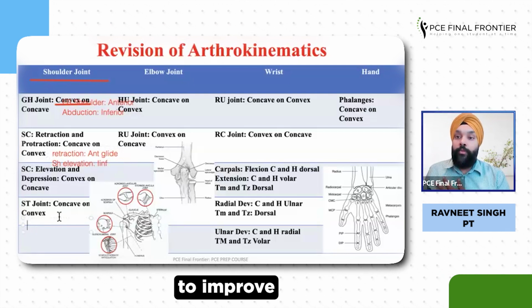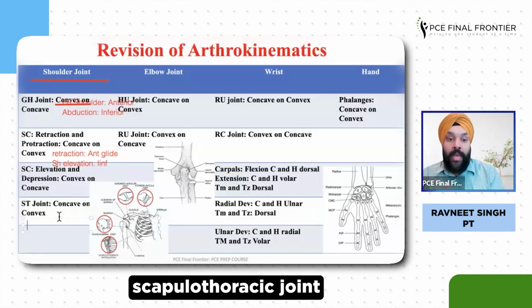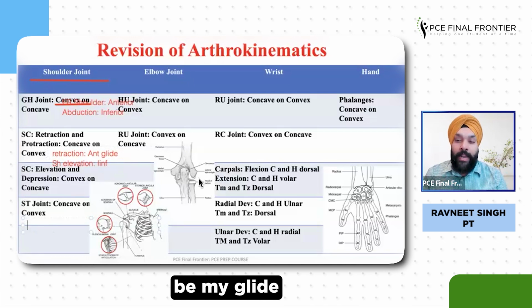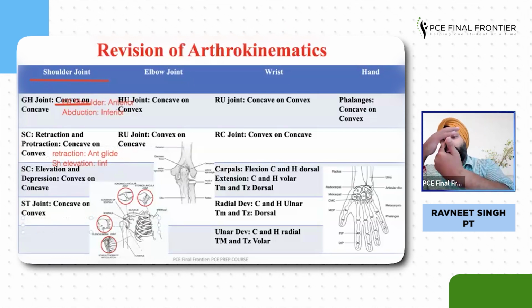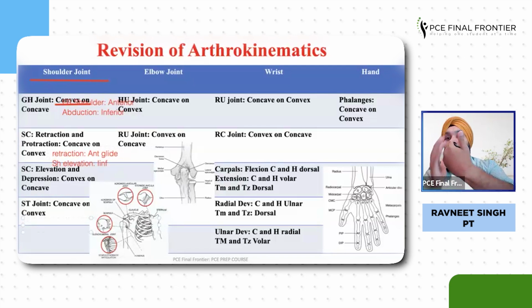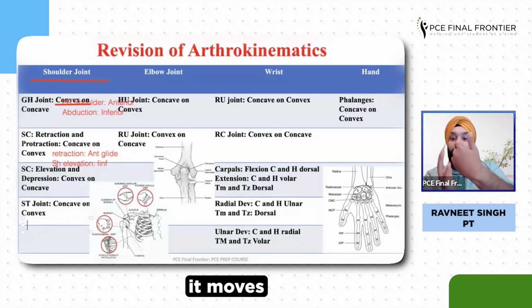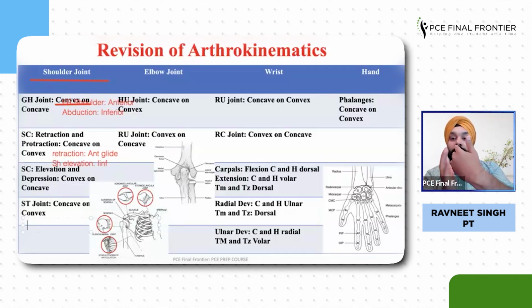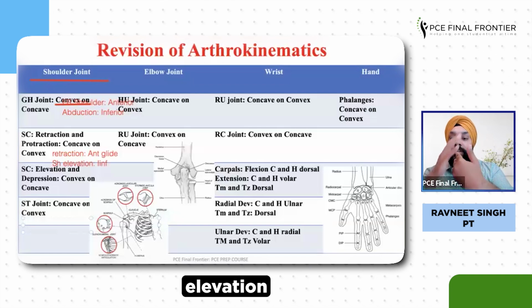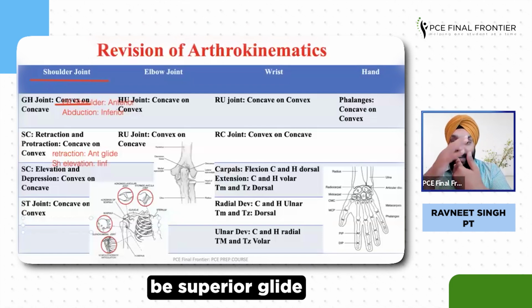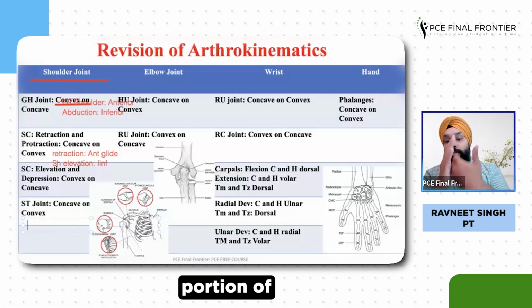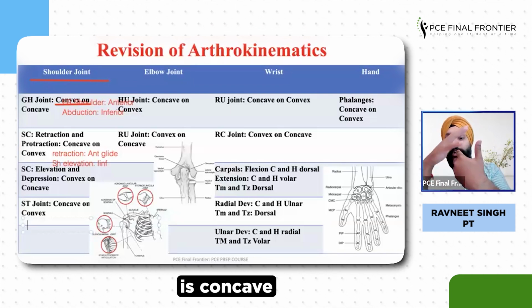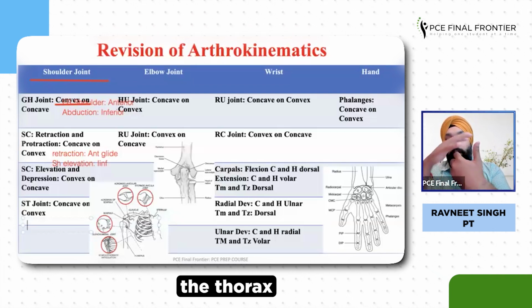If I'm trying to improve shoulder elevation and if I have scapulothoracic joint, what is going to be my glide? Scapulothoracic. This is how it moves. For shoulder elevation, that's gonna be superior glide because the anterior portion of the scapula is concave over the ribs, the thorax.